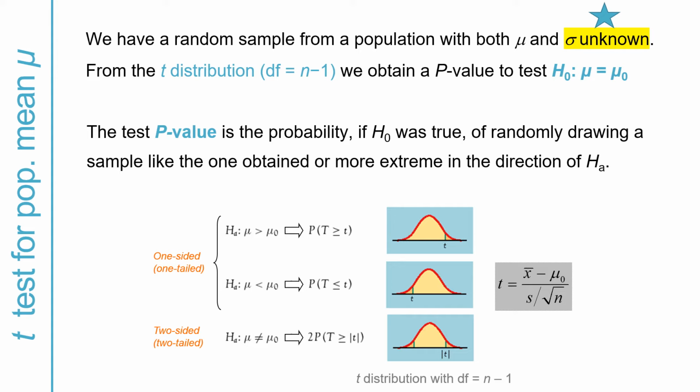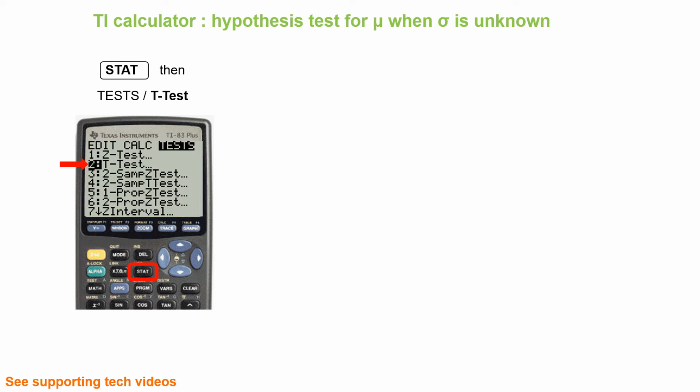Now notice that the equations for the z and the t statistics were on a gray background. That indicates that you do not have to memorize those formulas or even to use them step by step, because we will instead be using technology for all the calculations needed to obtain the p-value of a test.